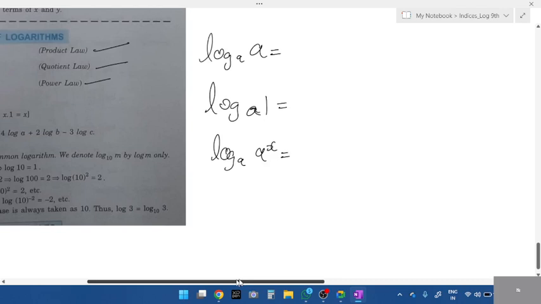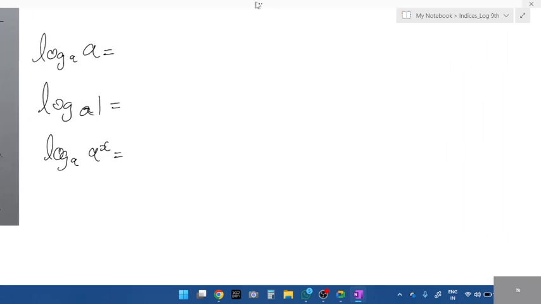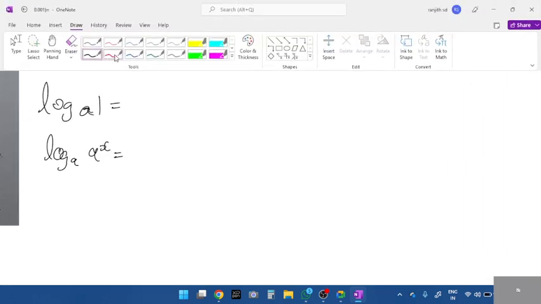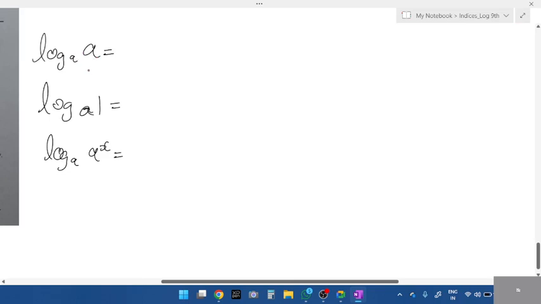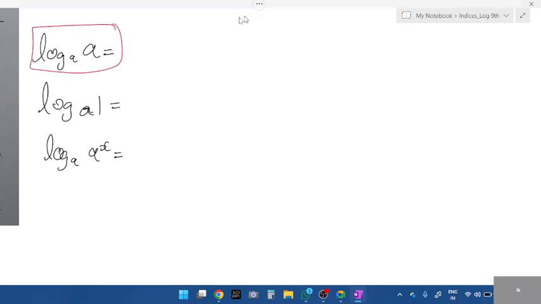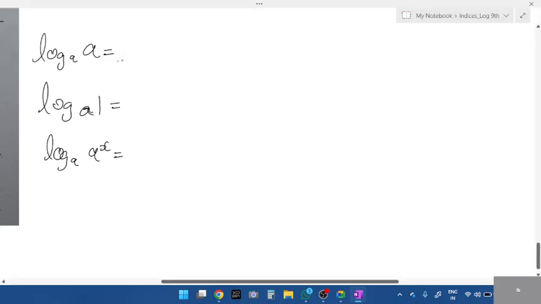Okay, we have these three values. Is this log or exponent? If log is given, it is logarithm, right? Then, if the right hand side answer is not given, what do we usually take, students?